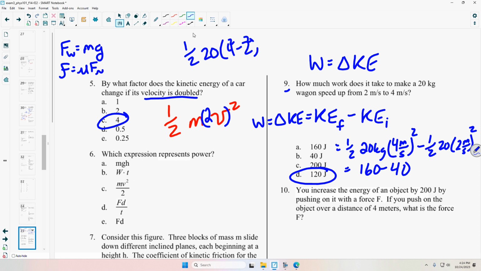If you have a 3, 4, 5 triangle and you don't know how to find the hypotenuse, you need the Pythagorean theorem. But I think everybody knows the 3, 4, 5 by now. What else do you need? Work equals change in kinetic energy. I think that's it. You don't need kinematics, do you? I don't think you needed that at all.